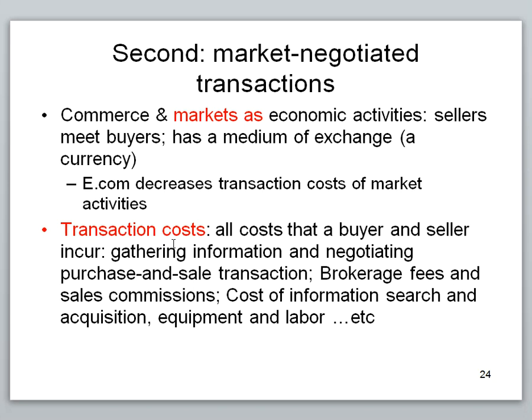That would decrease any transaction cost, right? If you have an e-commerce system, you eliminate or decrease such items because they are there electronically. So why pay money for that? So e-commerce decreases transaction cost of market activities in general. These are the two important forces that give advantage for those who have e-commerce from an economic perspective.